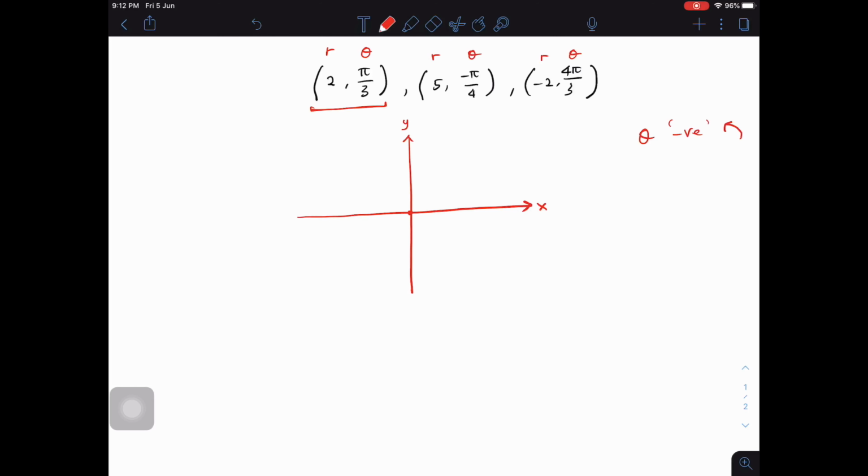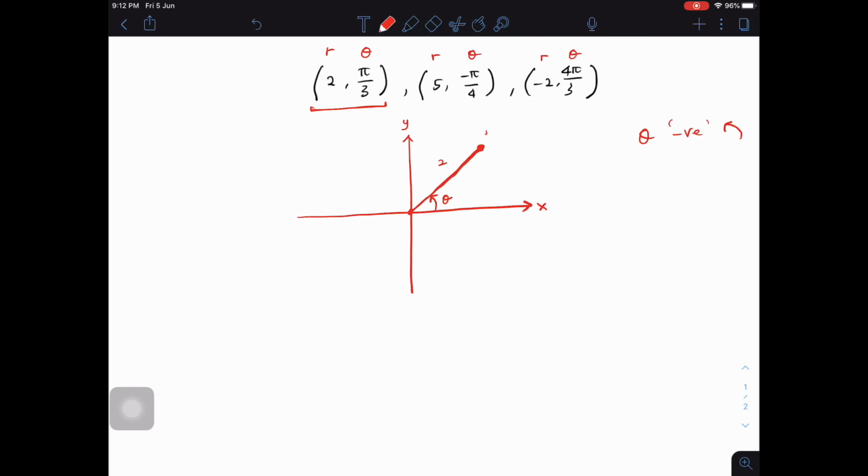Therefore, for the first point, we have theta equal to pi over 3. Pi over 3 is equal to 180 divided by 3, therefore theta is equal to 60 degrees. Let's say theta equal to 60 is here. Let's assume the length of the line that connects the origin and the point is equal to 2.